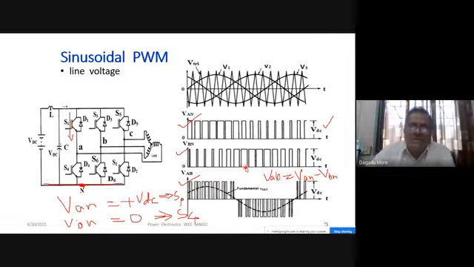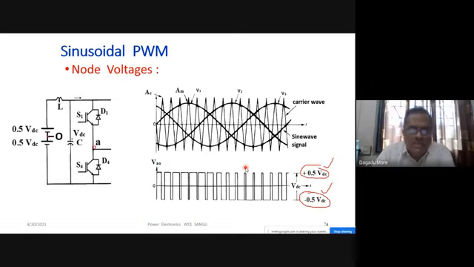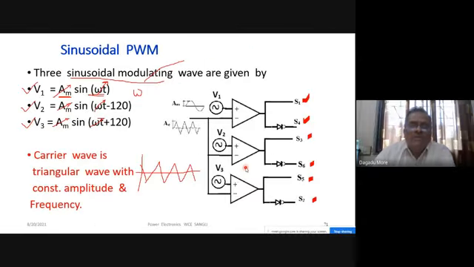Here we want to control the output voltage and frequency. The output voltage is controlled by controlling the magnitude of AM, the peak amplitude of the sinusoidal modulating wave. How do we control the frequency?